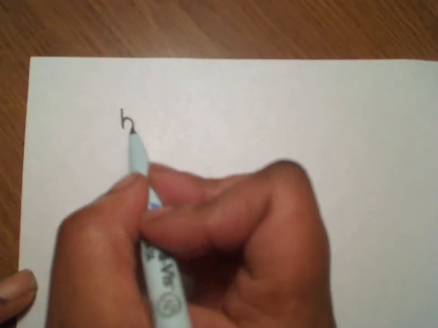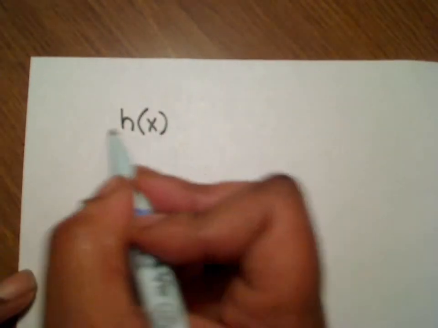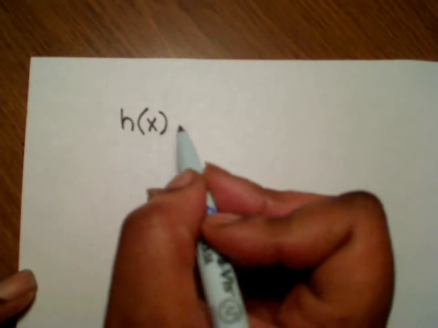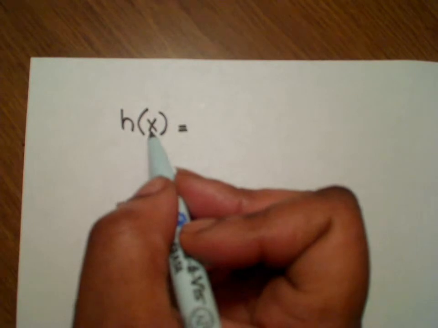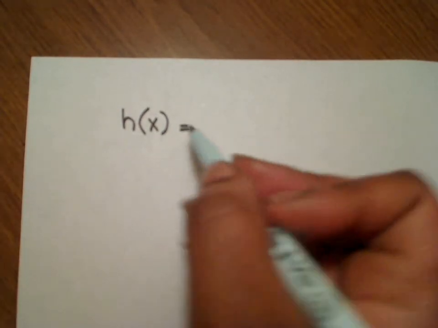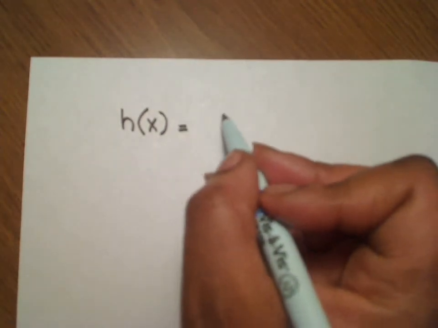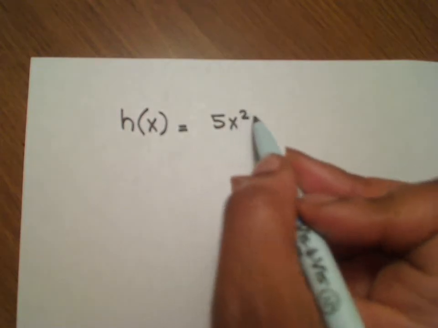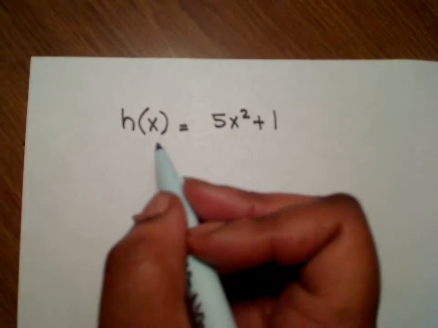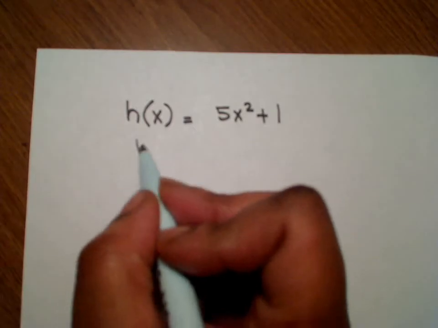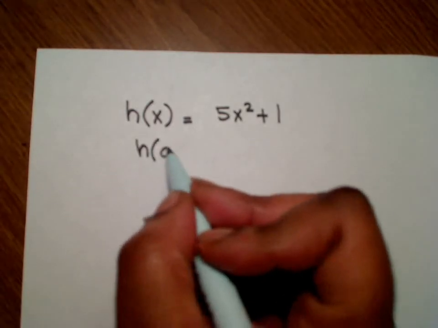Once again, we can use different variables. The minute you see something like this, f of x, we know we're talking about a function, which means only one input that will come out with an output. So this time, let's say we have h of x equals 5x squared plus 1. So there's my function. Now, what I want to input, let's do 0.